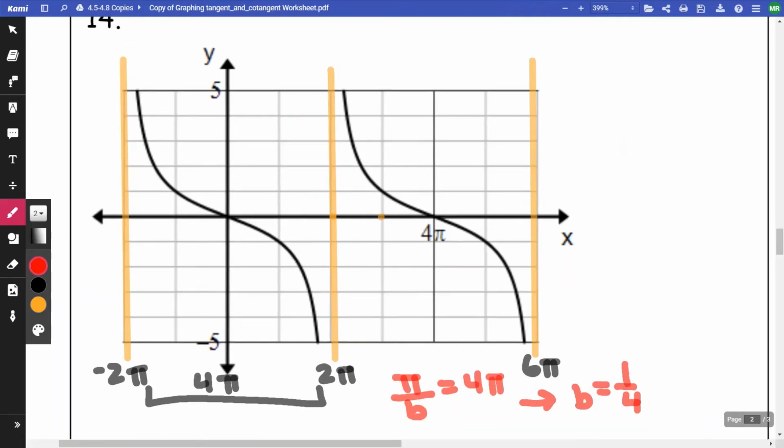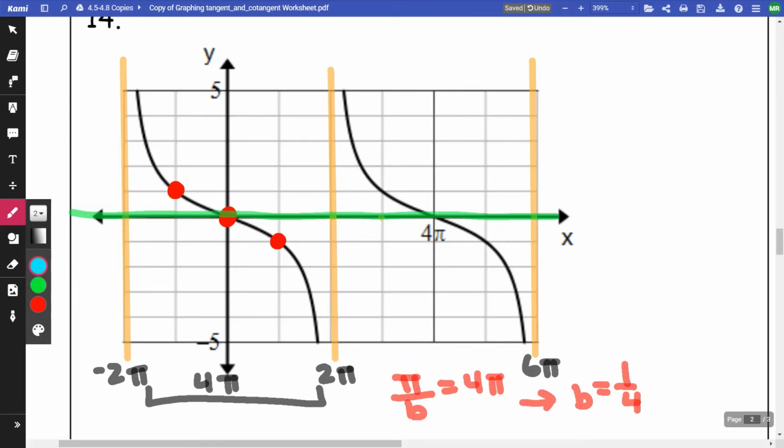But if I'm looking at this in terms of the points that I want to focus on, I have this is like my 0, then here and here. Okay. So what that's telling me is that my vertical shift is just at 0.